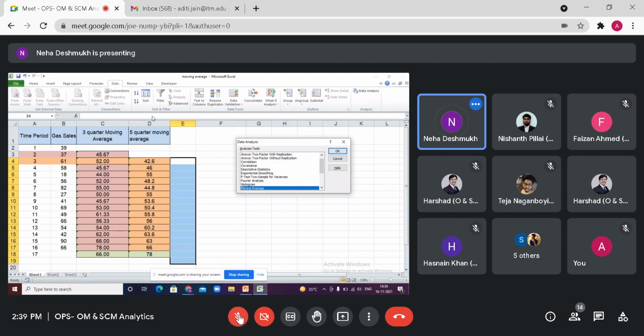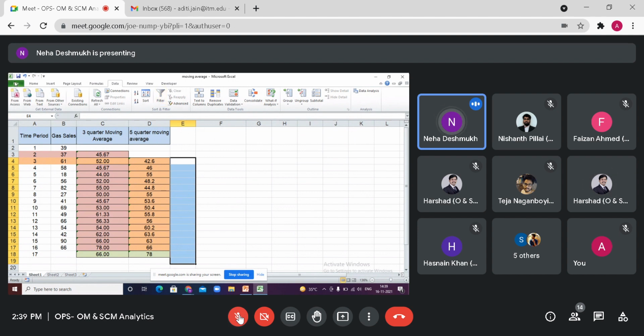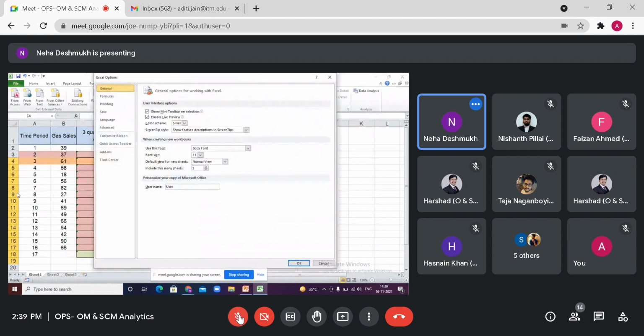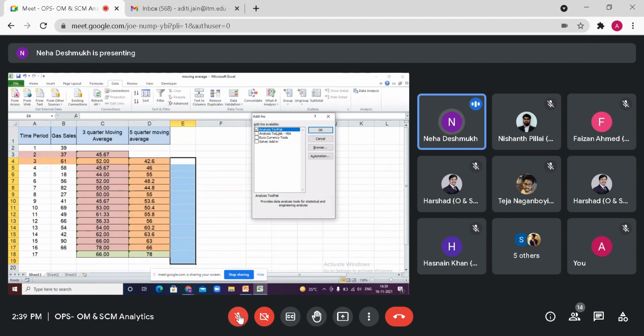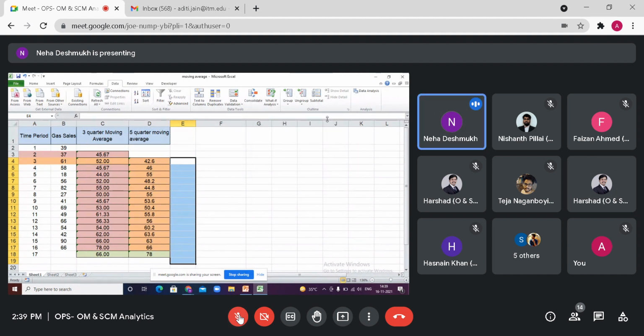Then go to File, then Options, then Add-ins, Analysis ToolPak. Select the Analysis ToolPak, Manage Add-ins, Excel Add-ins, Go, click on Analysis ToolPak and OK. Now it appears. Now do it.